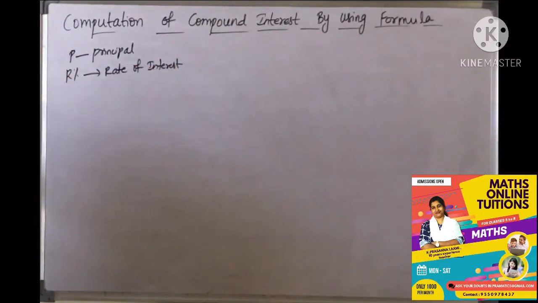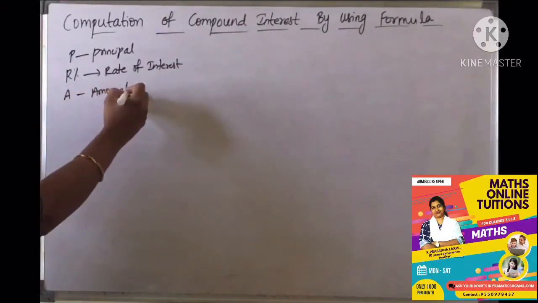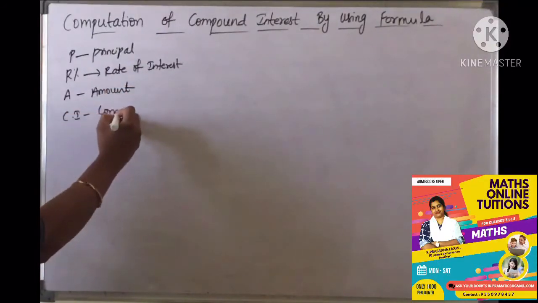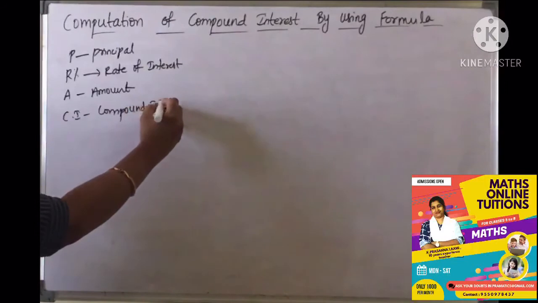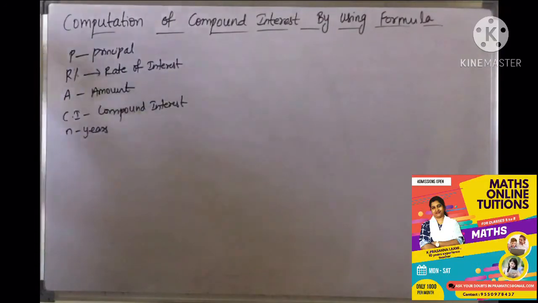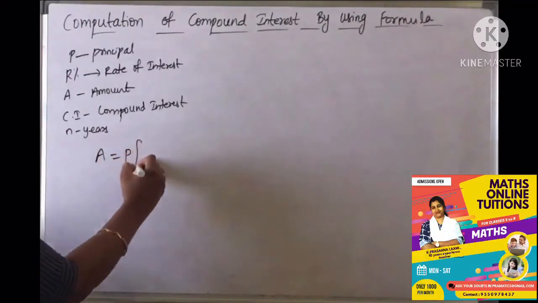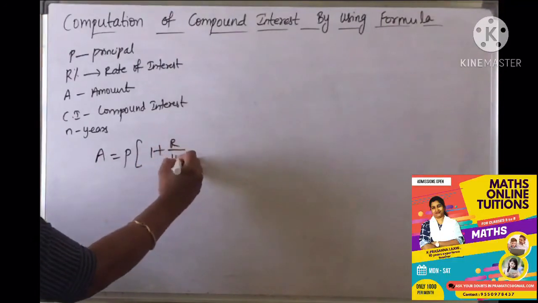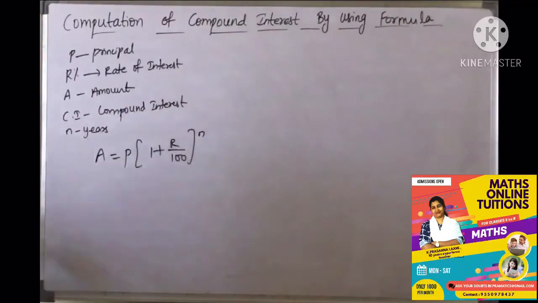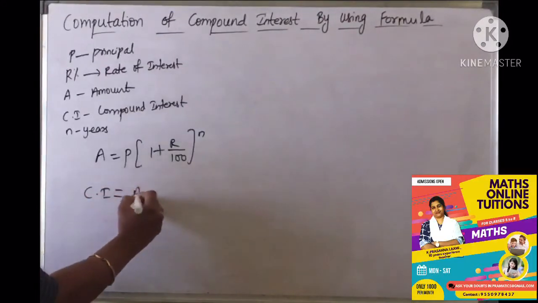If the interest is compounded annually, then the amount A and the compound interest CI at the end of n years are given by the formula A is equal to P into (1 plus R by 100) whole to the power of n. Here A is the amount, P is the principal, R is the rate of interest and n is the number of years. And the compound interest is calculated as A minus P.